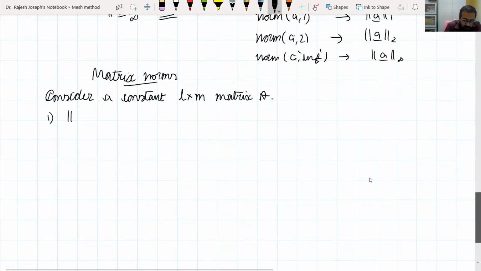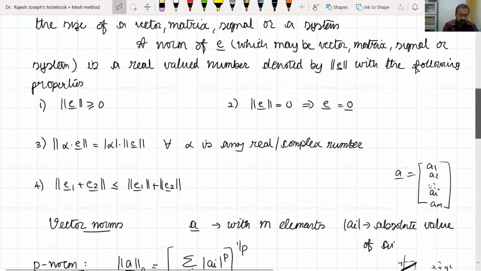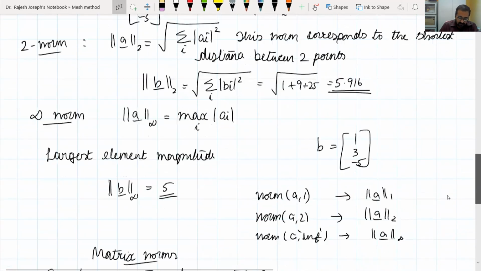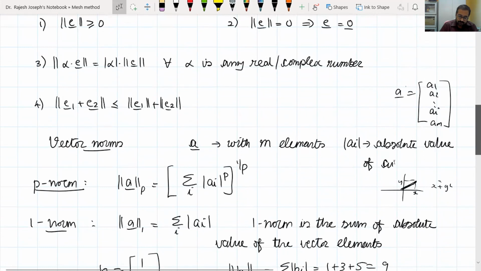One, the norm of A should be greater than or equal to 0, similar to the vector norm property. Then the norm of A equals 0 if and only if the matrix itself is 0, similar to property number 2.